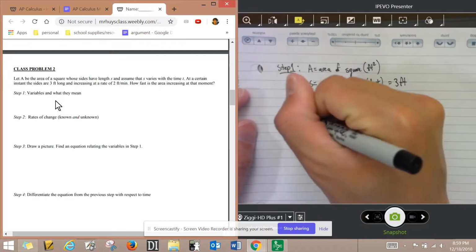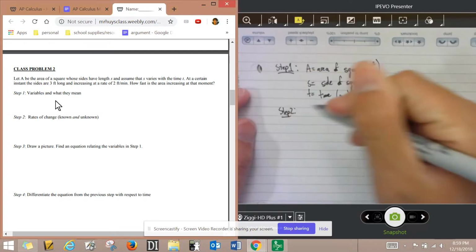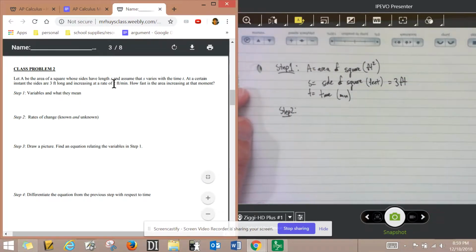Then we look at step 2. Let's look at rates of change. The rate of change of s: s varies with time. It says right there, at a certain instant, the sides are increasing at a rate of 2 feet per minute.